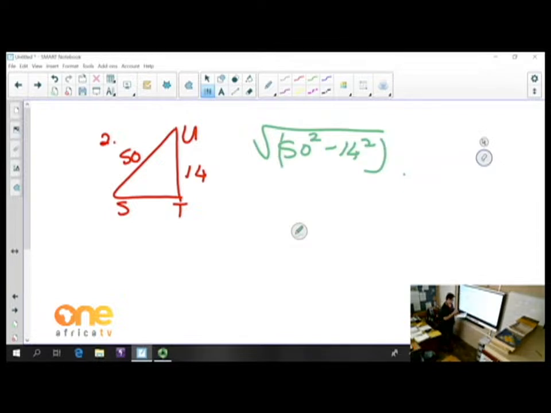So it is then the square root of brackets 50 squared minus 14 squared, close the bracket, is equal to, I got 48. Right, now number 3.